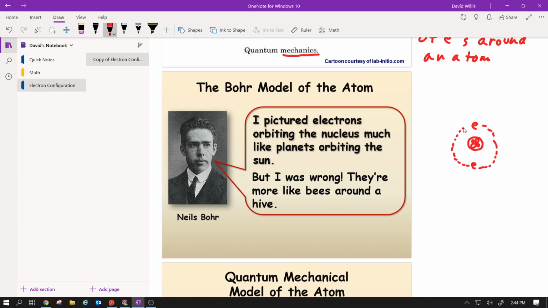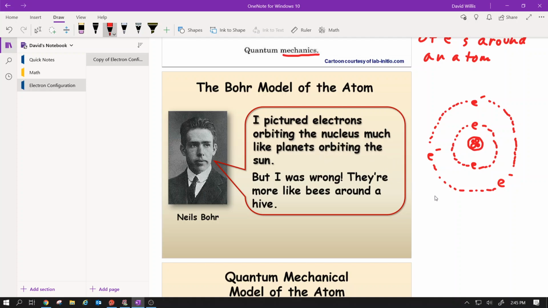But he also pictured them being in levels. What was correct about this and what was incorrect? It turns out that they do not, in fact, orbit in circles. They do not orbit in circular patterns, but they do reside in energy levels. There are distinct energy levels where electrons reside.